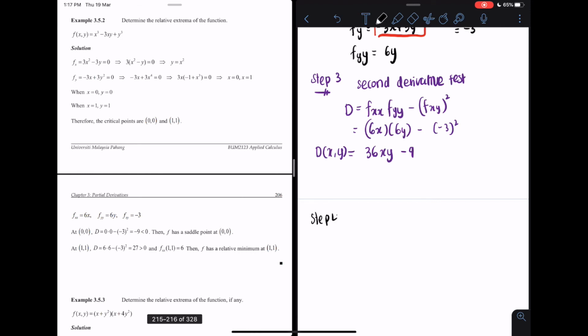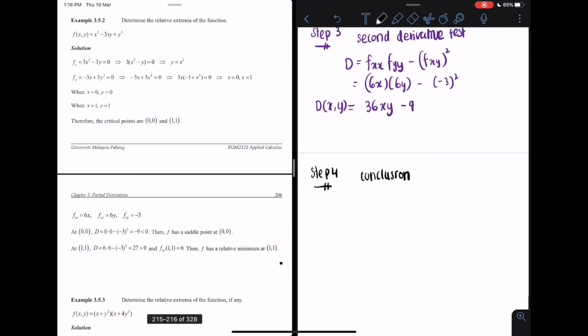So step number 4, you have to write down the conclusion for each critical point. The conclusion must be from the second derivative test. So in this case, at CP (0, 0), D(0,0) equal to 36 times 0 times 0 minus 9 equal to negative 9, less than 0.